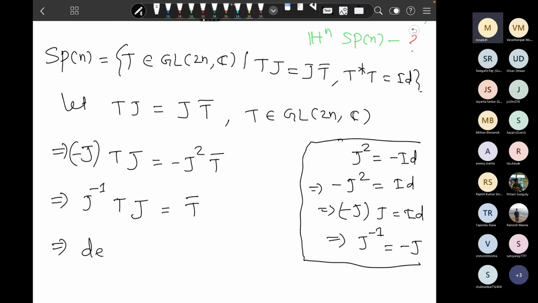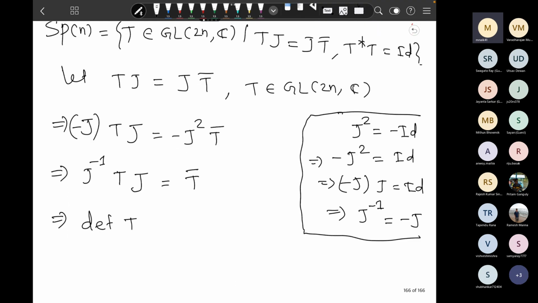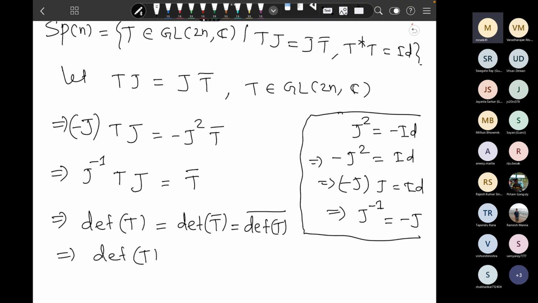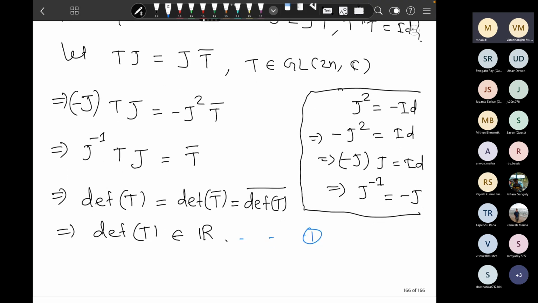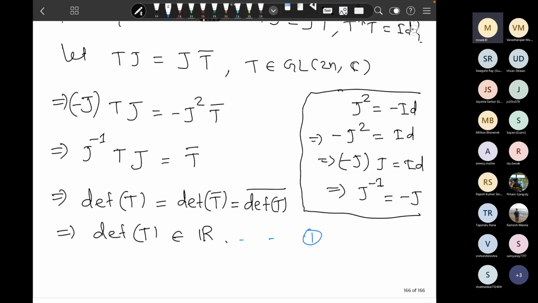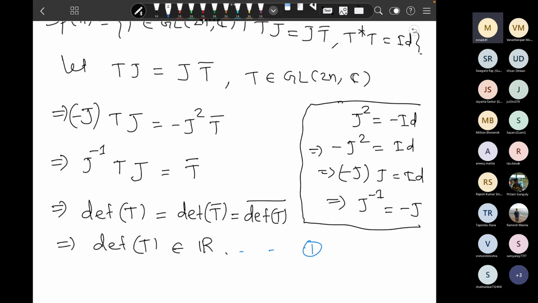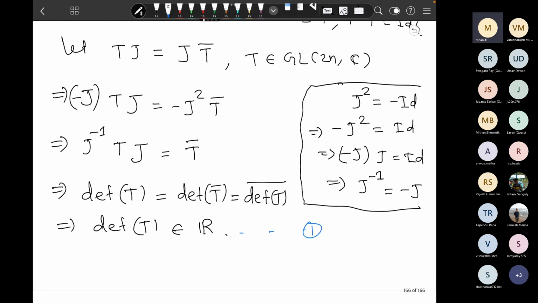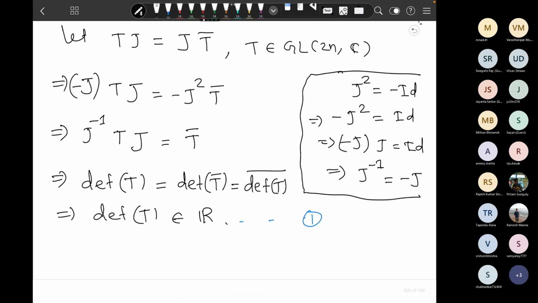Determinant is conjugation invariant, so you get determinant of T is equal to determinant of T bar, which means determinant of T is a real number, belonging to R. So Tj is equal to j T bar gives me that the determinant belongs to R, and we will use this later. Now the second thing is there is something.